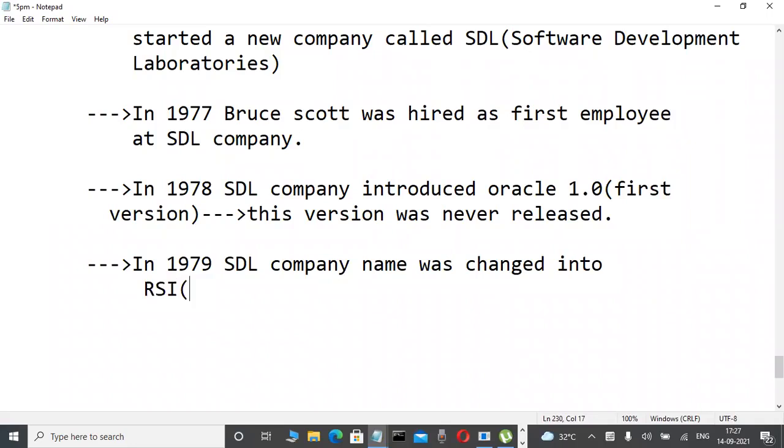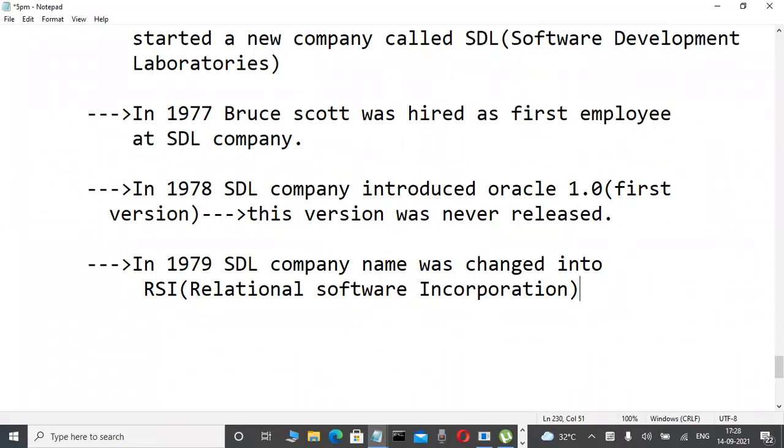Within the bracket, write it. What does RSI mean? Relational Software Incorporation. Relational, because Oracle is relational software. Relational Software Incorporation.